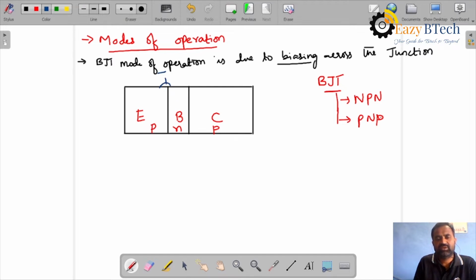This junction is known as the JE junction, and this junction is known as the JC junction. Emitter to base is known as the JE junction, the emitter junction.